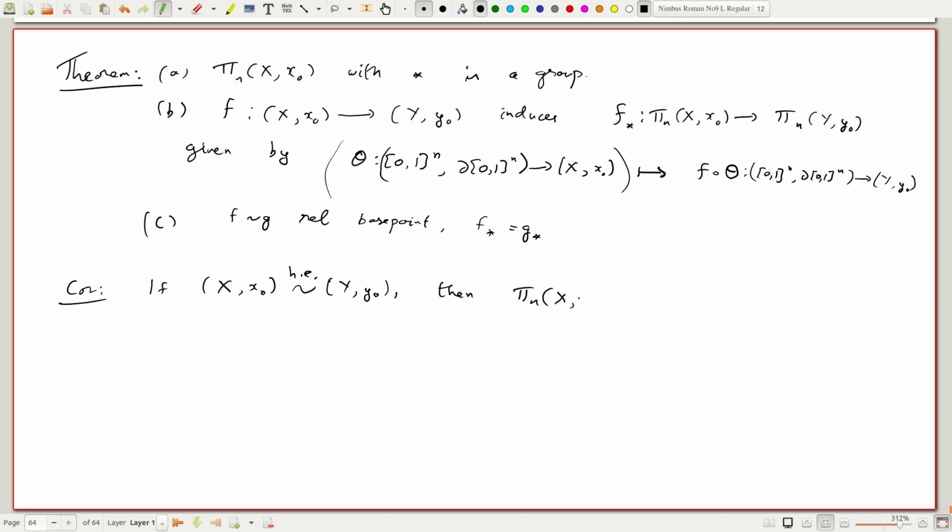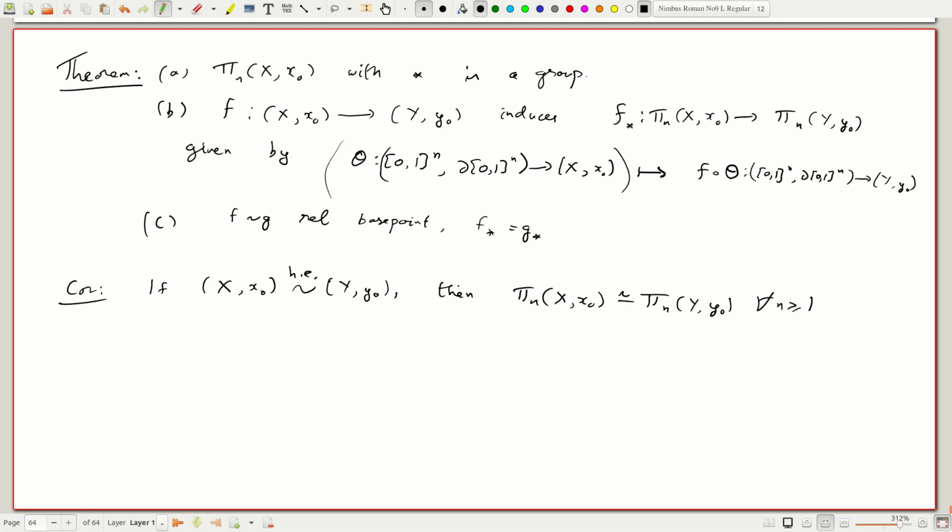Then pi n of x0 is isomorphic to pi n of y0 for all n greater than or equal to 1. It's even true for pi 1. In fact, it's probably true for pi 0 as well formally, but we won't consider that.